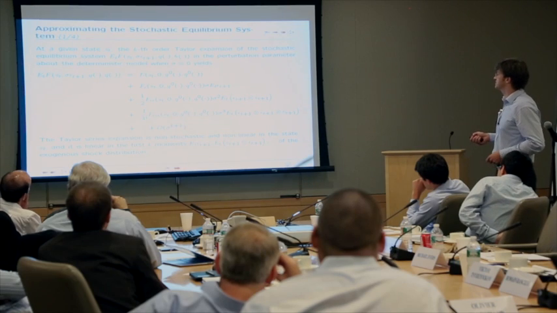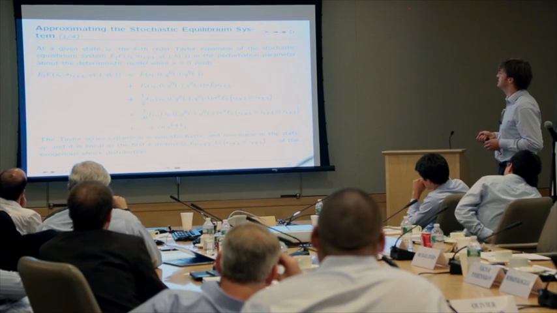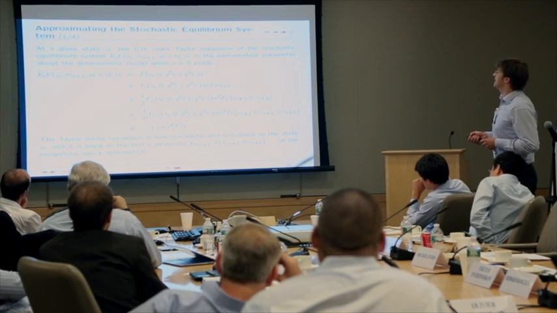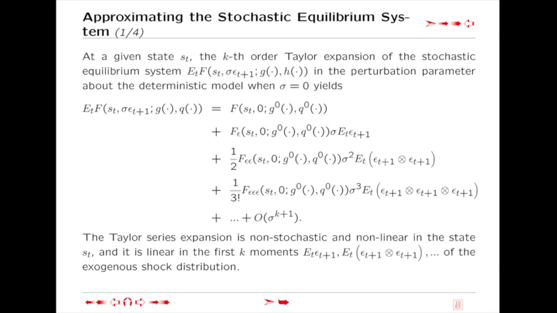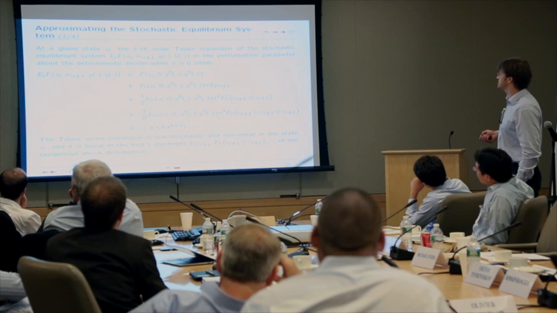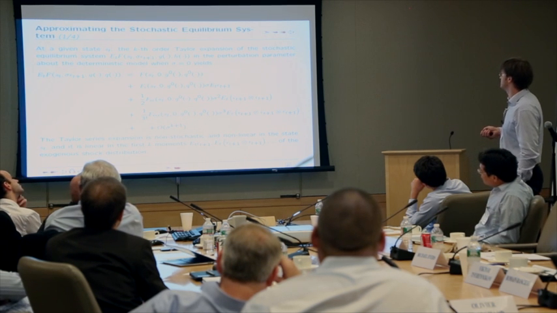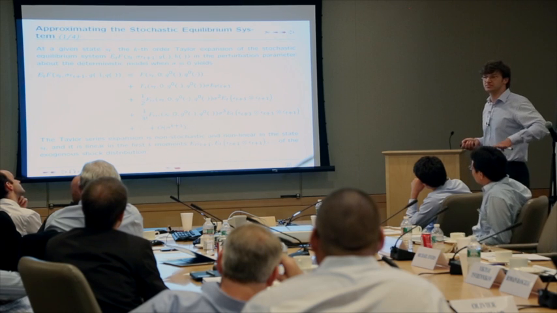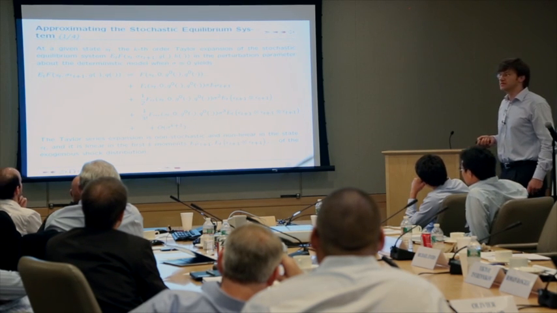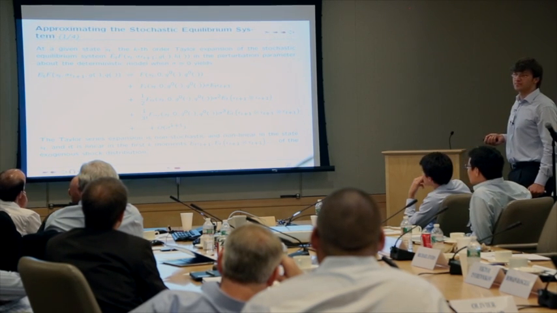So this is the first order condition, the first order Taylor term in sigma. Then the second order Taylor term enters, which means that because it is the second order term, you have here the variance covariance term. The third order term means that you have here the third moments, and so on and so forth. Okay. What are you expanding it around?